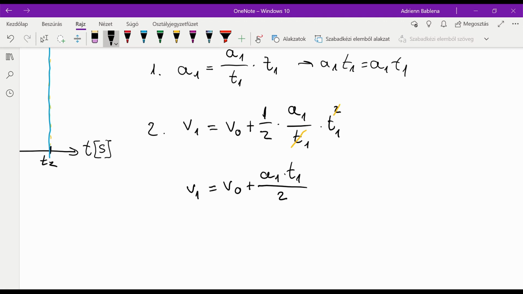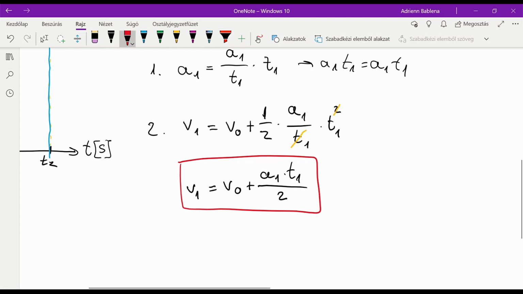Whatever is best for you. It seems it can be useful, but we don't know v1 and we don't know v0. We know a1 and we know t1. We have two unknown parameters, but maybe later it can be useful.